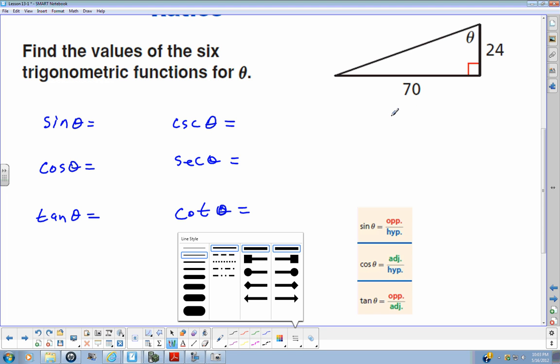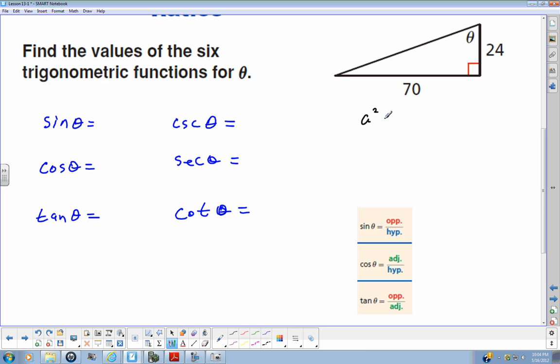So we're going to have to find that. We're going to use the Pythagorean theorem. Our Pythagorean theorem was a squared plus b squared equals c squared. Which one of these sides you make a or b does not matter, so we'll just say that 70 squared plus 24 squared equals c squared.